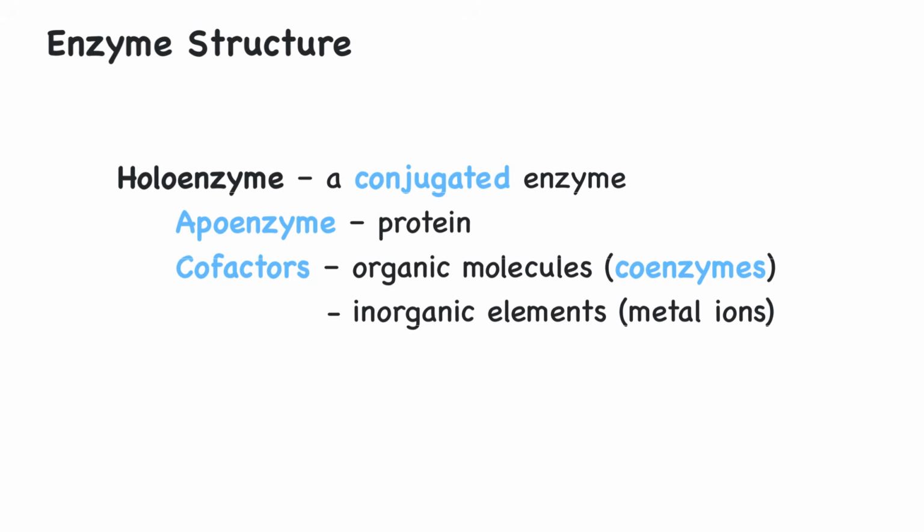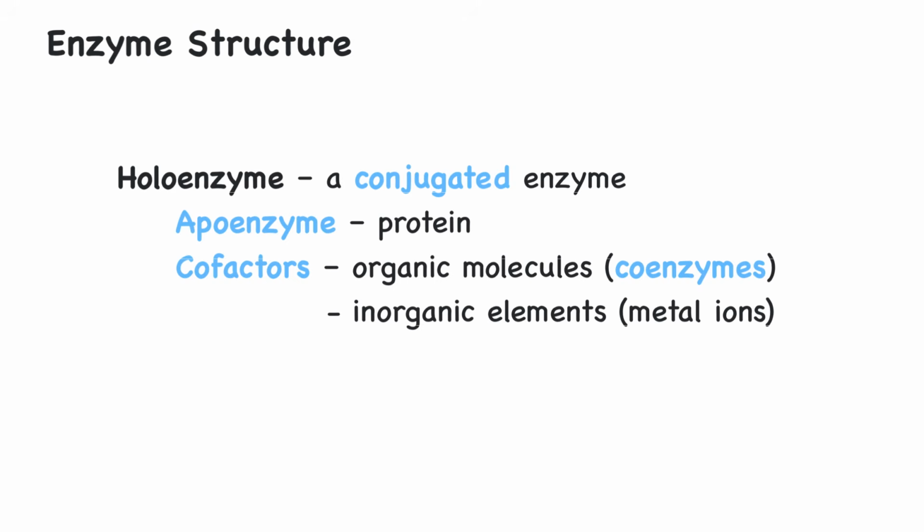A holoenzyme is a conjugated enzyme consisting of two parts: the apoenzyme, which is the protein portion, and a cofactor, which may be either an inorganic ion, such as zinc, iron, or magnesium, or an organic molecule, often a coenzyme derived from vitamins. The apoenzyme alone is inactive.